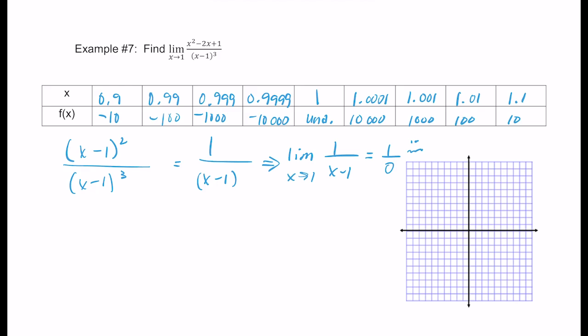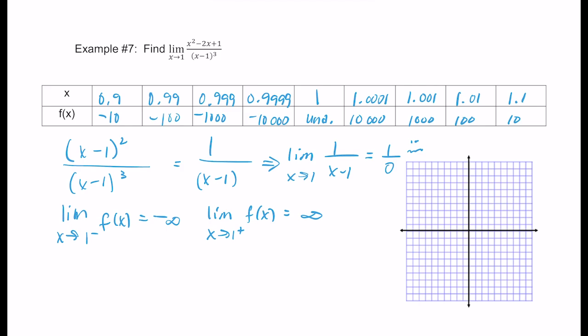Okay, if we use the table like I said, the limit as x approaches 1 from the left of, we'll just call it f of x, is negative infinity, and the limit as x approaches 1 from the right is positive infinity. So that's not helpful either.